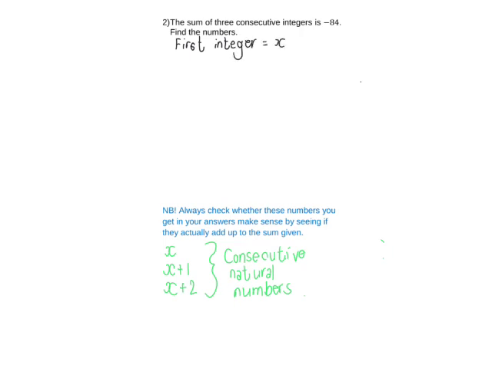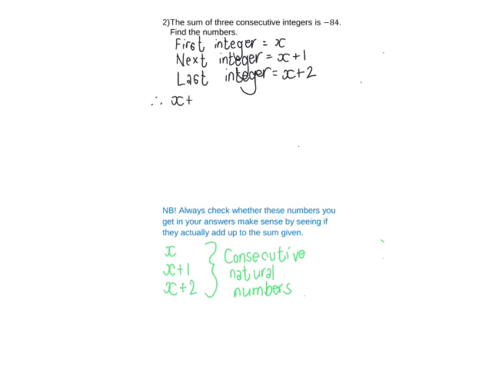The next integer they're talking about is expressed as 1 more. So it's x plus 1, whatever x was plus 1. And then the last integer, because they're talking about 3 integers, is 1 more than the previous one, so it's x plus 2. And thus we can express them as the sum of all of these expressions being equal to negative 84.